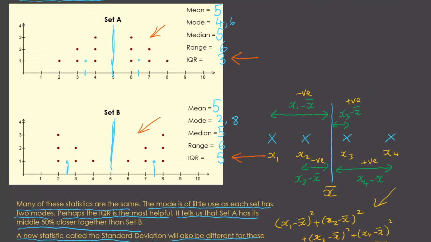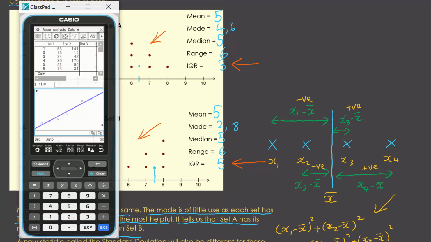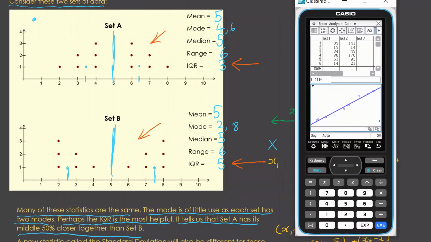So we're going to use dataset A and dataset B, and we're going to work out the standard deviation. And we would expect that set A is going to be smaller because we can see that the data is less spread out. So I'm just going to grab my ClassPad.